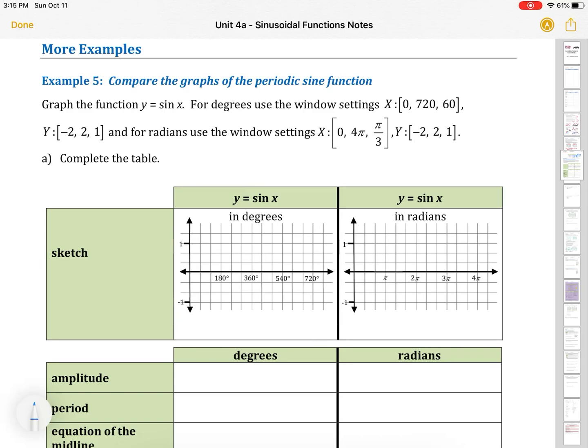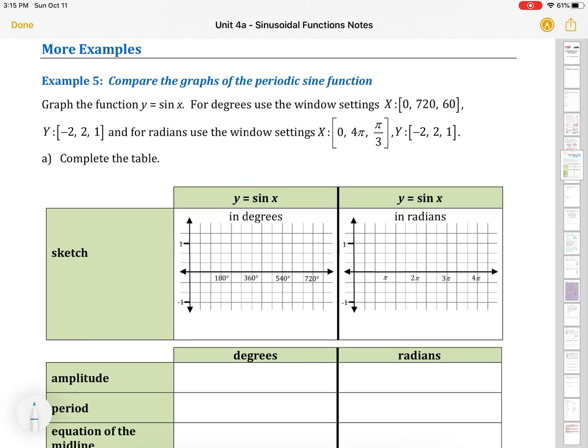Graph the function of y equals sine x. For degrees, use the window settings. So we're going to do this on our calculator. Looking at your calculator, first set up your windows.